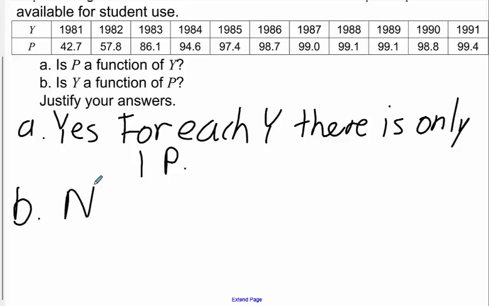So definitely no. And we can give an example.